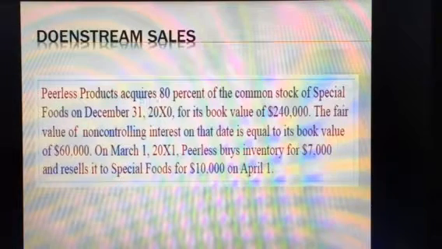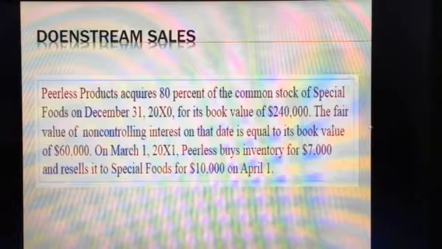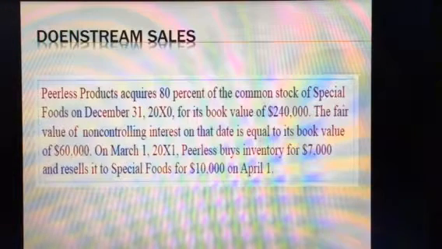Barless Products acquires 80% of the common stock of Special Foods on December 31 for its book value of 240,000. The fair value of the non-controlling interest on that date is equal to its book value of 60,000.